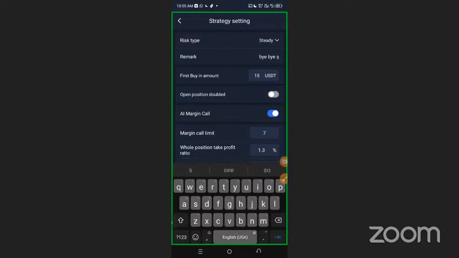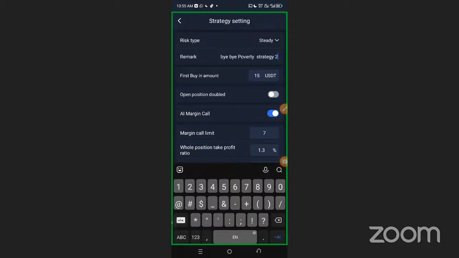Bye-bye poverty strategy with $200. Those are the settings that we are putting in.